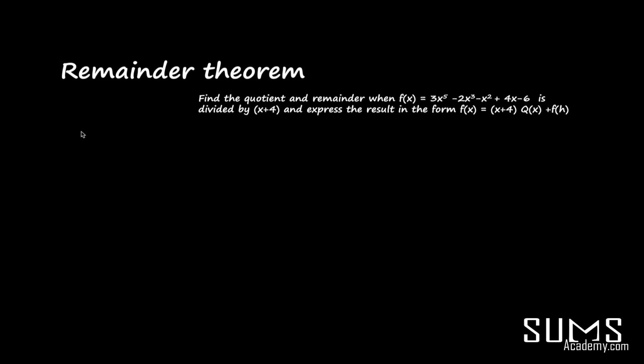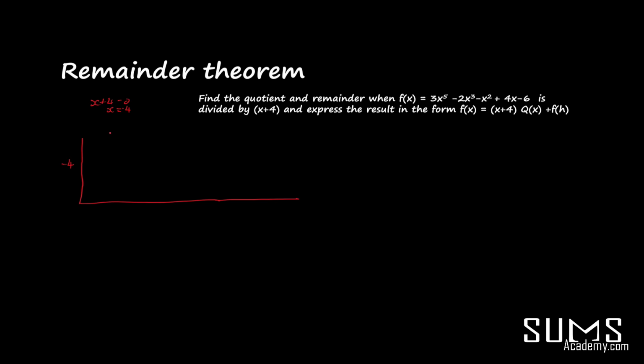So we're going to set up our synthetic division over here. Here our divisor is x plus 4, so x plus 4 equals 0, so x is going to be negative 4. Negative 4 over here.